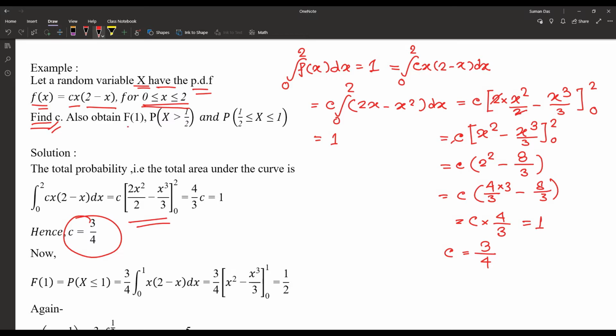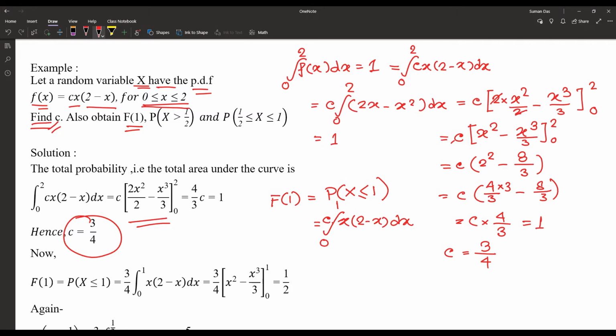Now we have to find f of 1. What is the meaning of f of 1? f of 1 means P of capital X less than or equal to 1. So we can write it as the integral from 0 to 1 of c, as a multiplier, x (2 minus x) dx.